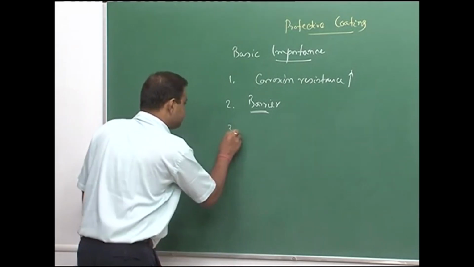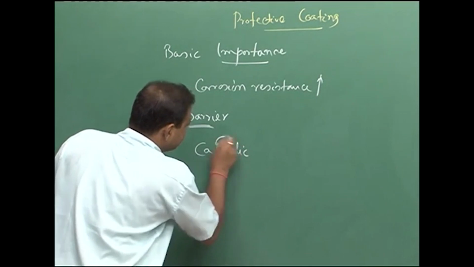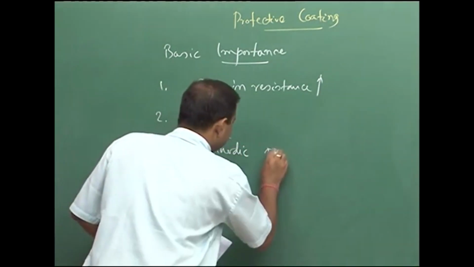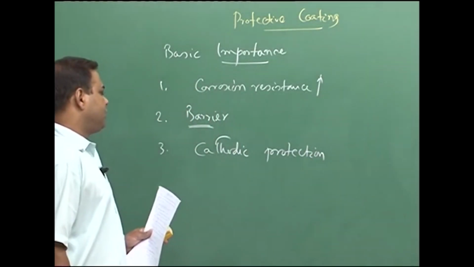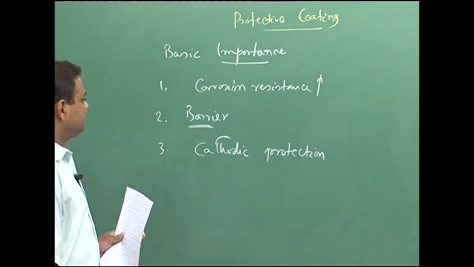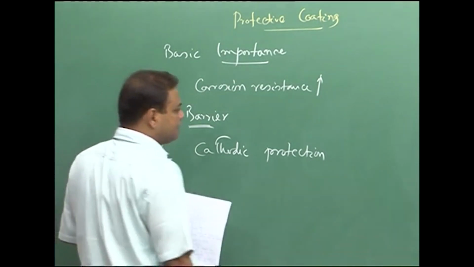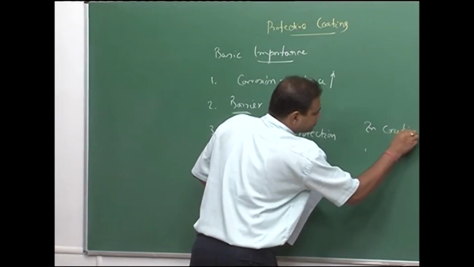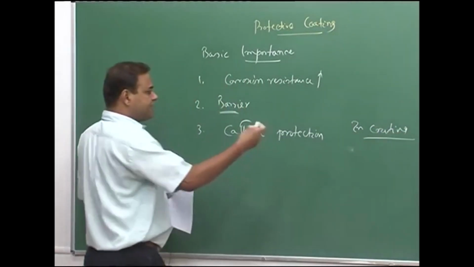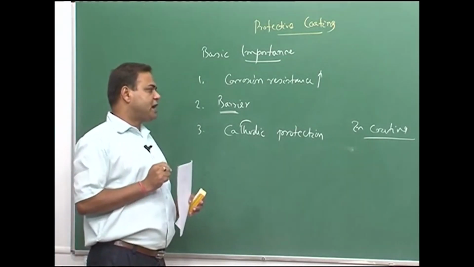So, the barrier type; third is it can be cathodic protection. One very important example is the sacrificial anode, which is galvanized iron, the zinc coating. Actually, it dissolves, and on the way it protects the metal surface, iron.